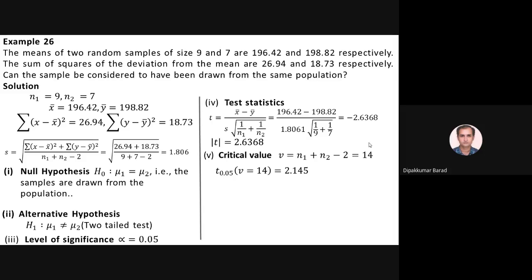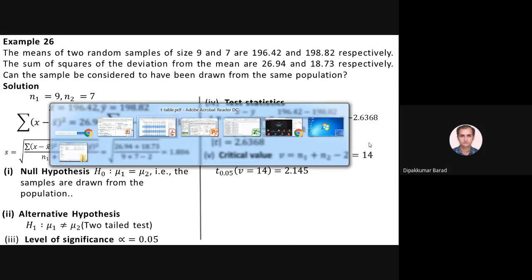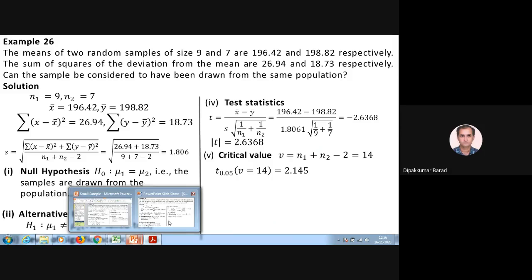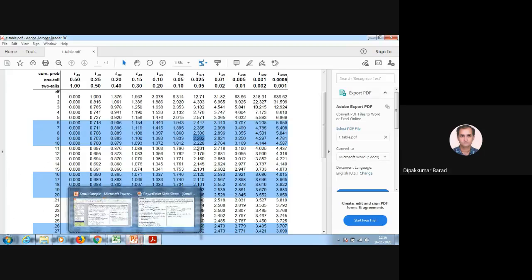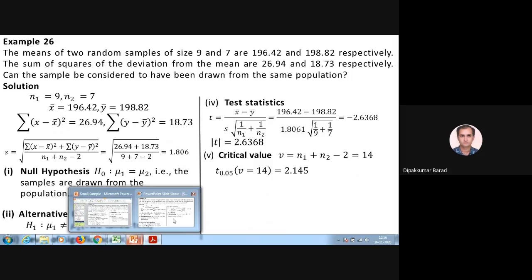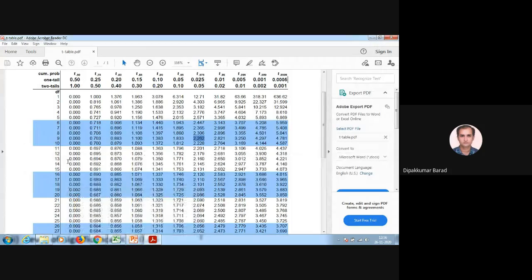The level of significance is not given, so we assume 0.05. From the table, this is a two tail test. Once again I show you this table: two tail test, 0.05, and degree of freedom 14.